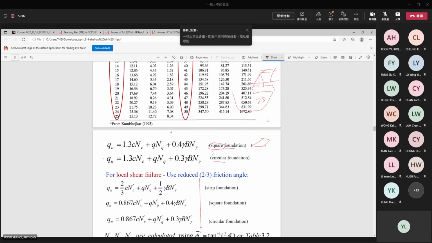Same for circular foundation. So we need to modify the basic equation. In this case, the basic equation is modified.